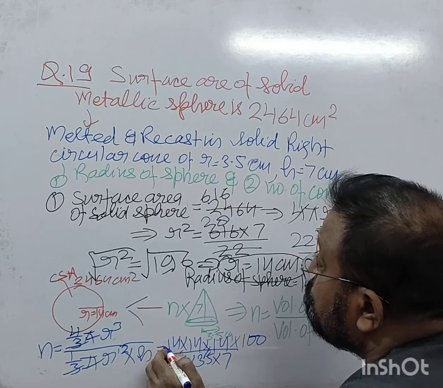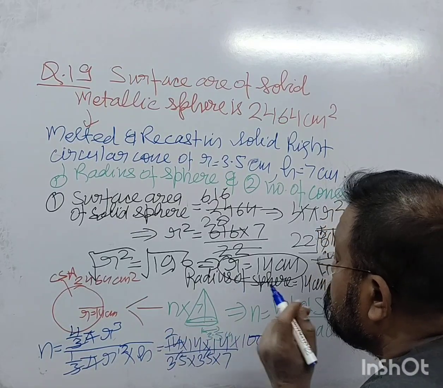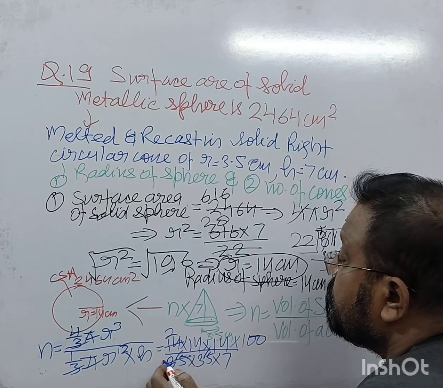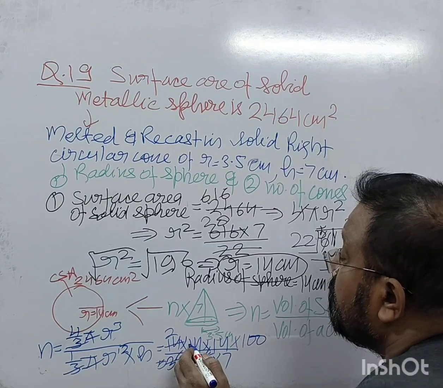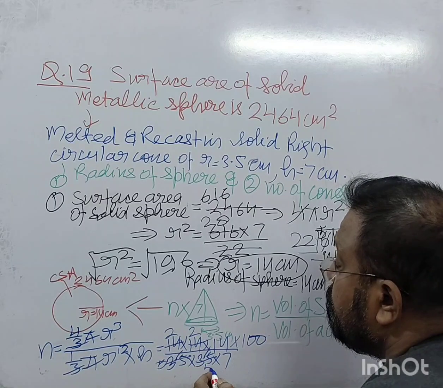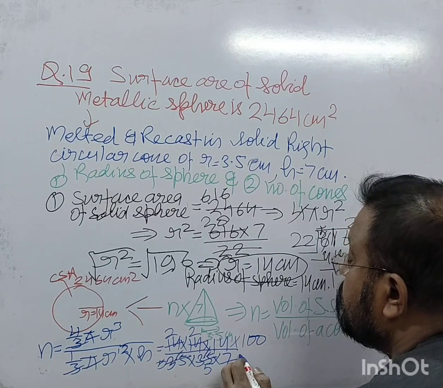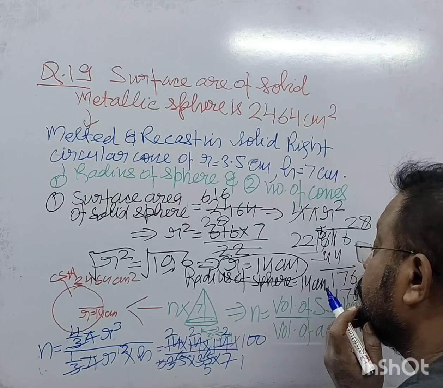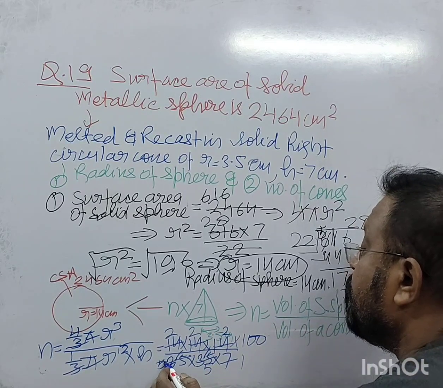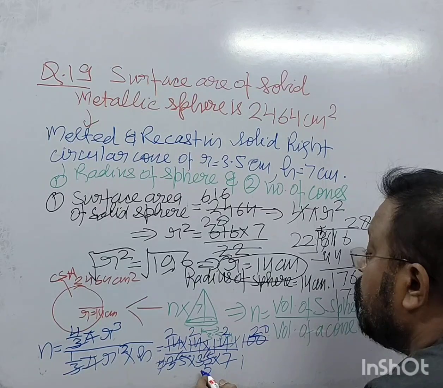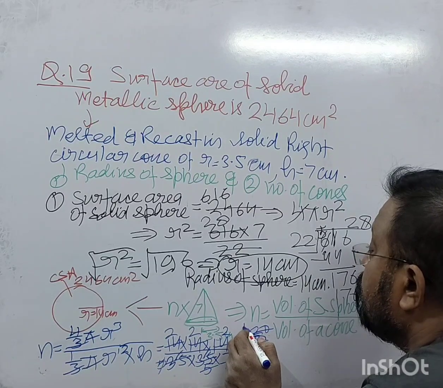2 times 7 becomes 14, 5 times 7 becomes 35, 2 times 7 becomes 14, 5 times 7 becomes 35, and 2 times 7 becomes 14. So this is 2, and this is 5.5 divided by 20, and this divided by 4.